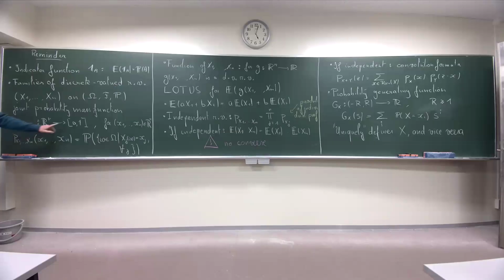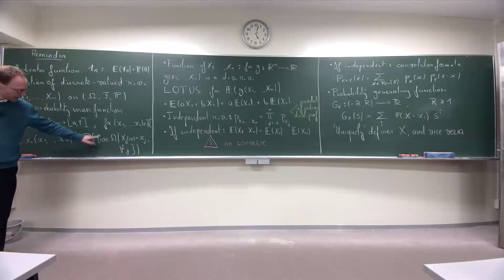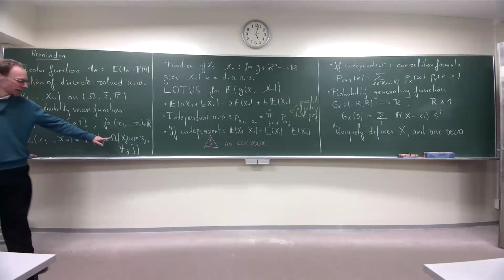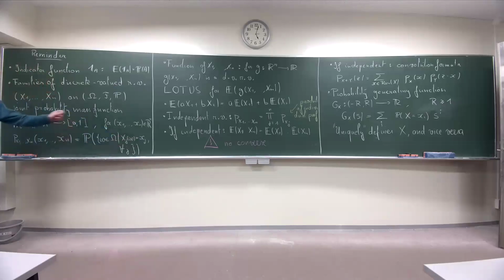It's a function from R^n to [0,1], which is defined as follows: when you take one point in R^n, this function evaluated at x1 up to xn is just the probability that the points omega satisfy Xj(omega) equals xj for all j between 1 and n. So it means you have n conditions. And it means also whenever these x1 up to xn are not in the range of the random variables X1 up to Xn, this quantity is 0.